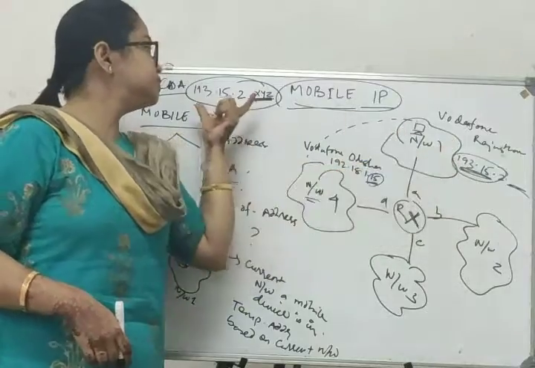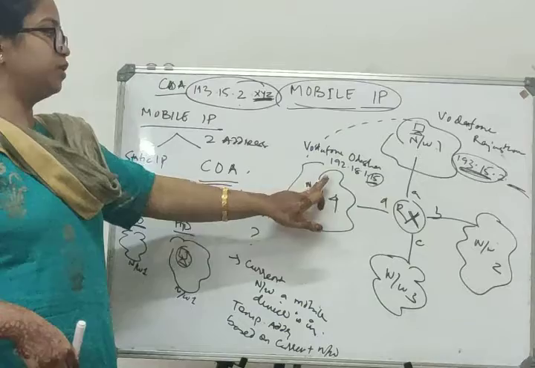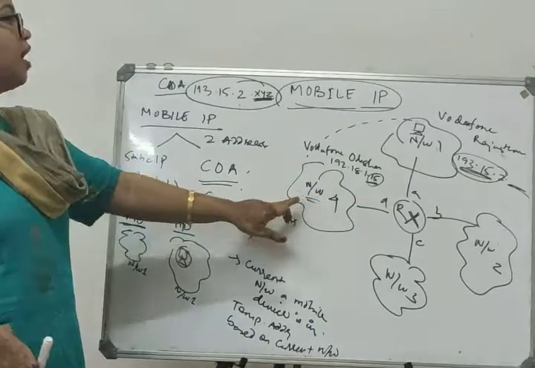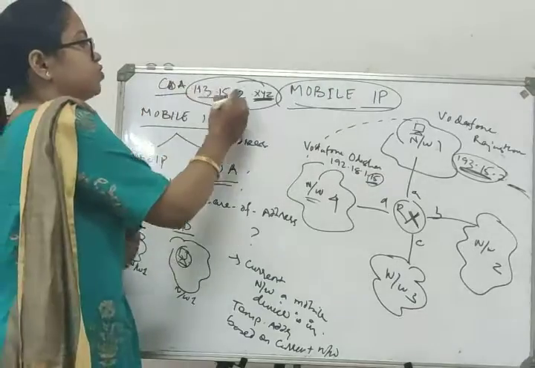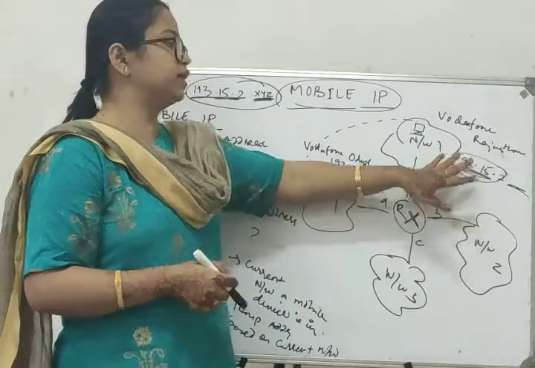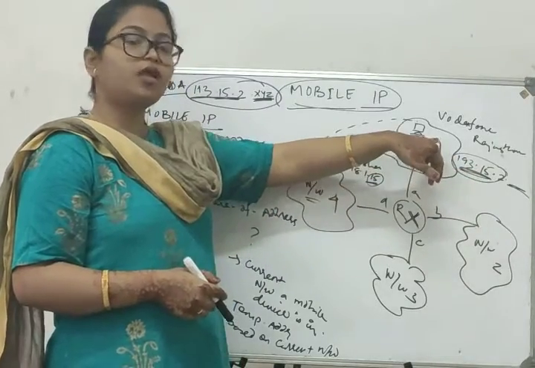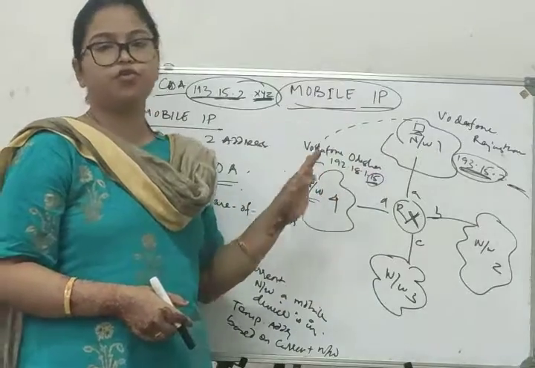So with this address, the routers will know that yes, this device belongs to Vodafone Odisha, but where is it present now? By judging this component 193.15.2, the router will know that the device is in network 1, although it belongs to network 4.